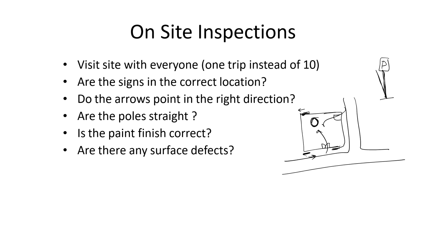Also, sometimes we see that the paint coatings are not done properly and are uneven, and even sometimes the corners are not treated properly. There are also some cases where we have given a glossy sign that was installed.